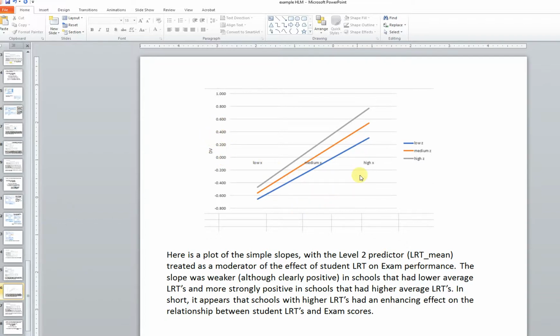So you can see that the relationship between London reading test scores and exam performance is most pronounced in the high group, in those schools that have higher average London reading test scores, and it's less pronounced in those schools with medium average and low average London reading test scores.